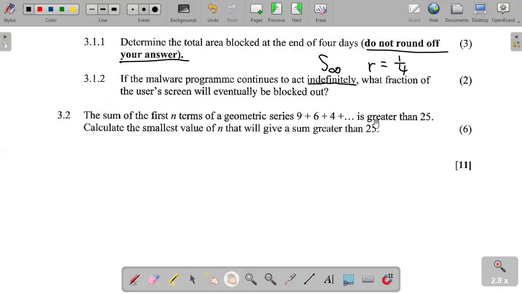Okay, this is a geometric series, which means there is a constant ratio R. We must divide T2 by T1 to get R, and our first term is 9.